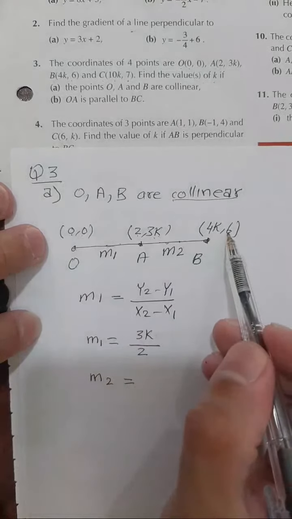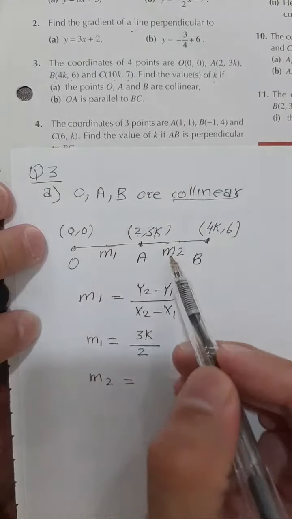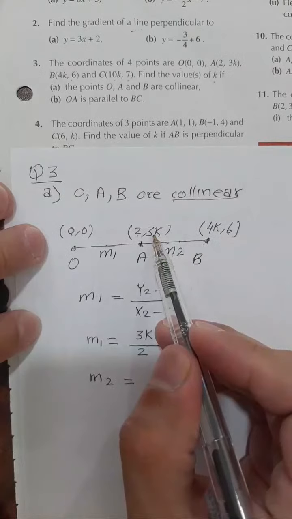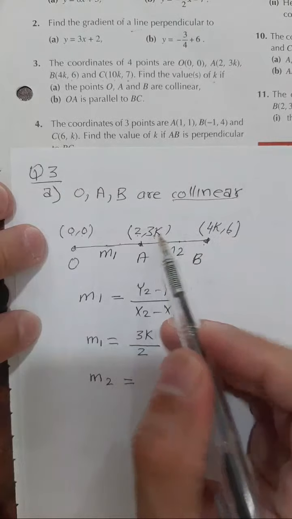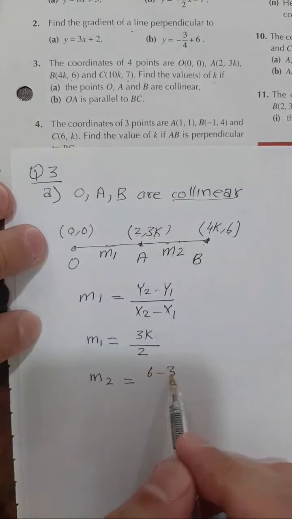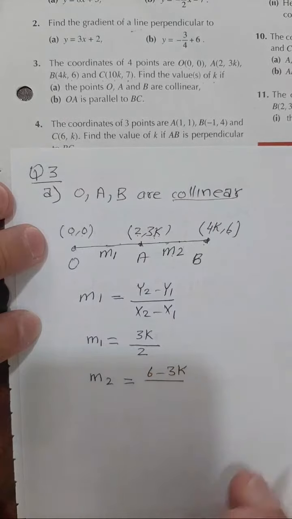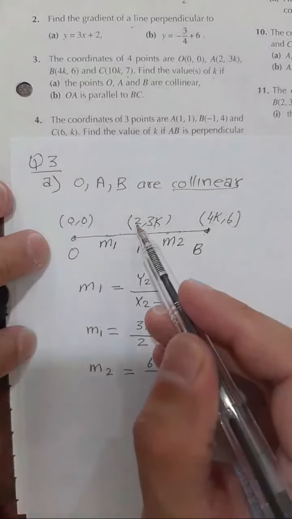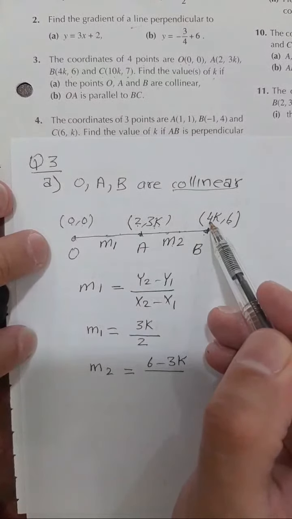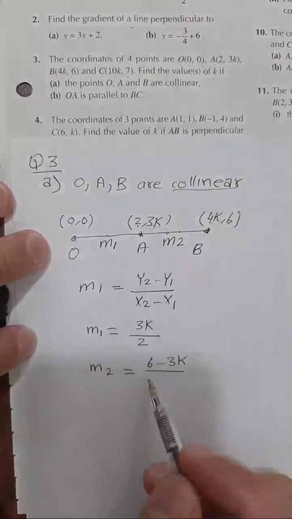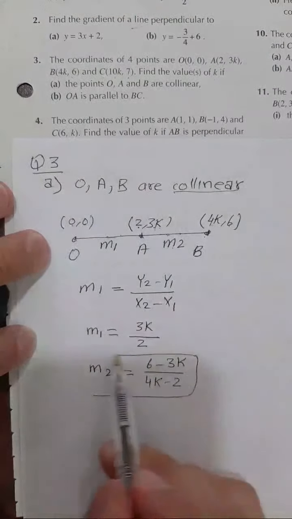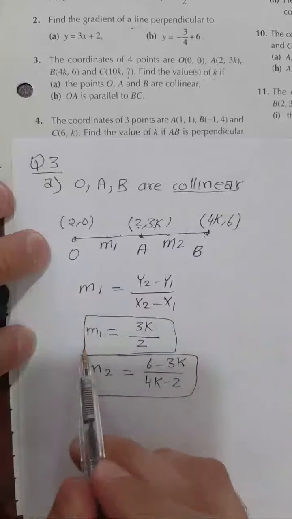That will be y2 minus y1. m2 is from A to B. So y2 minus y1 is 6 minus 3k divided by x2 minus x1, that is 4k minus 2. That is the value of m2, and this is the value for m1.